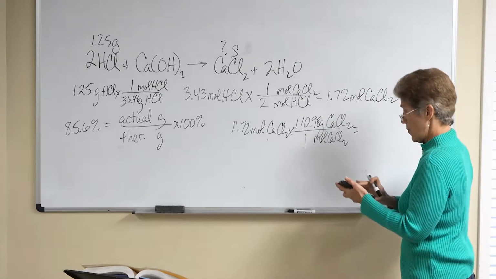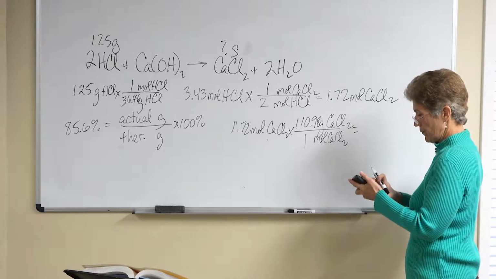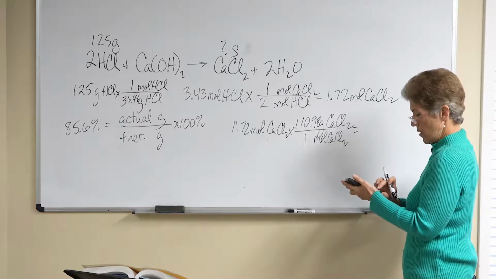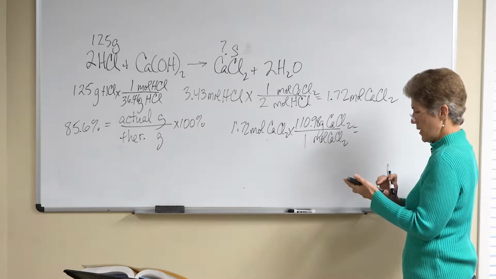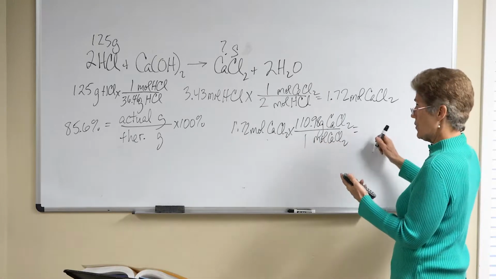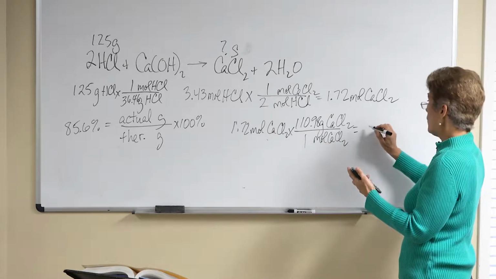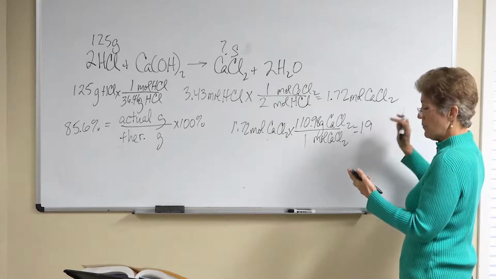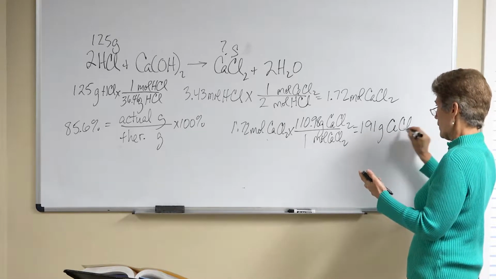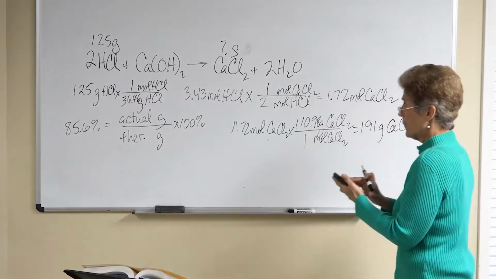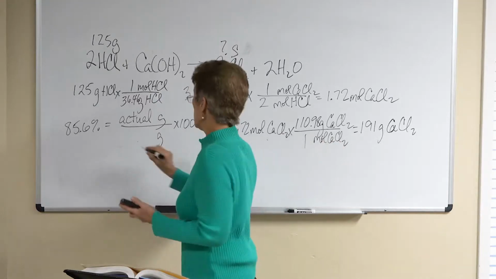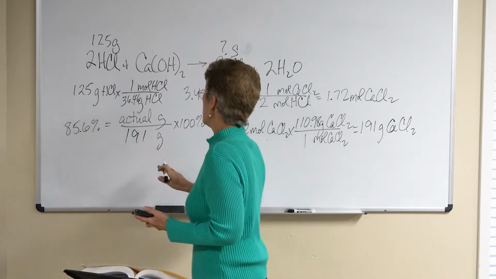And so 1.72 times 110.98 equals, I need 3 significant figures in my answer, and I come up with 190.8. So I'm going to go 191. Yep. Okay, so now I can come back over here, and I can put in my theoretical, 191 grams.